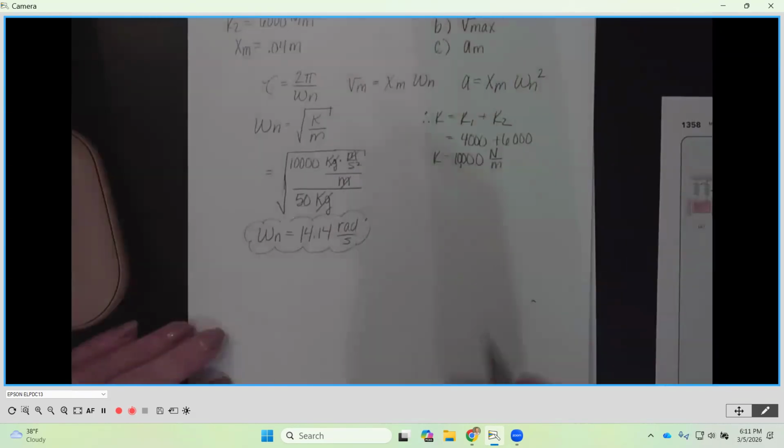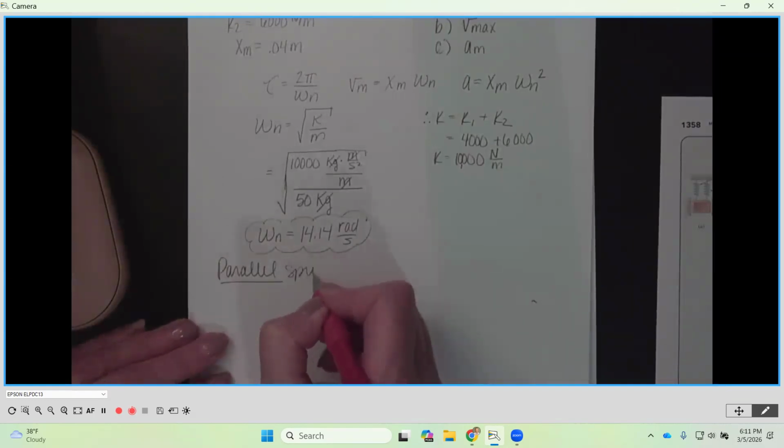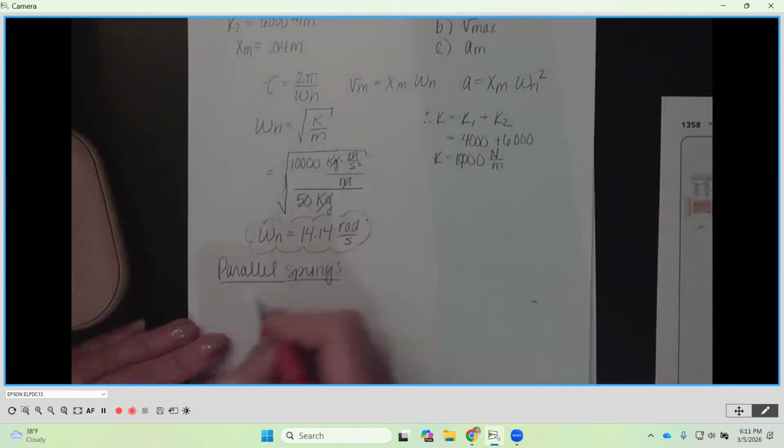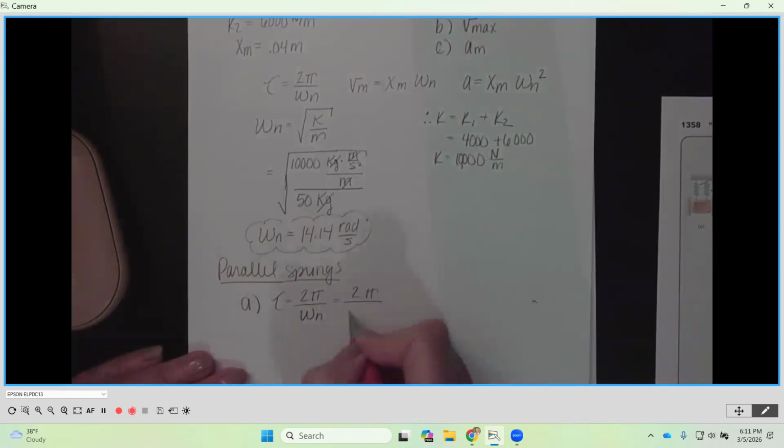All right, so now let's go ahead and find each one of those parts. So for these parallel springs, part A is going to be the period. So tau is equal to 2 pi over our natural circular frequency. So that's going to be 2 pi over 14.14, and this is radians per second.